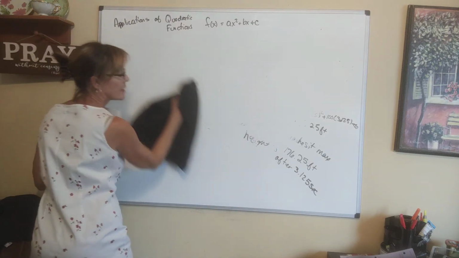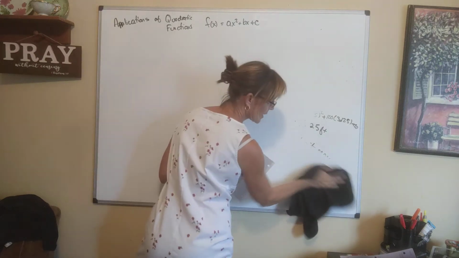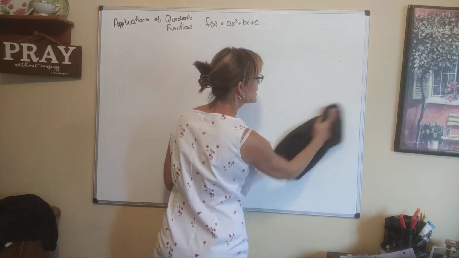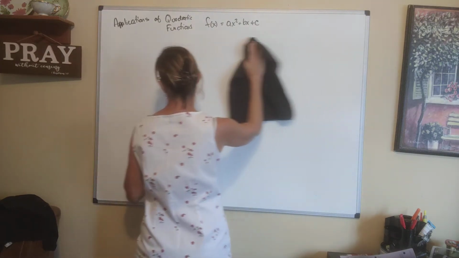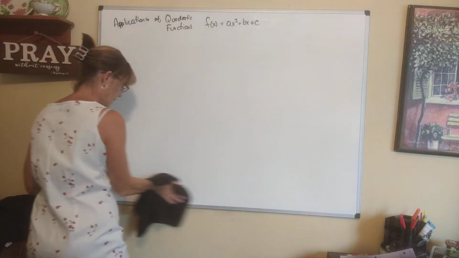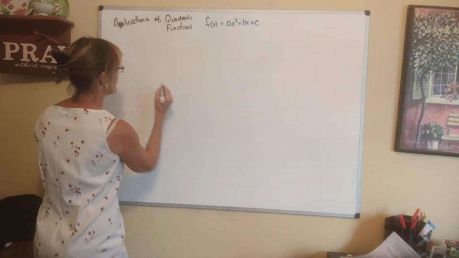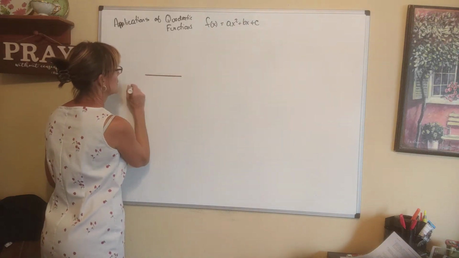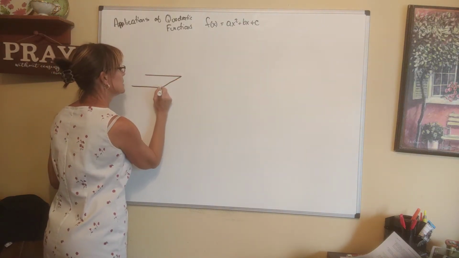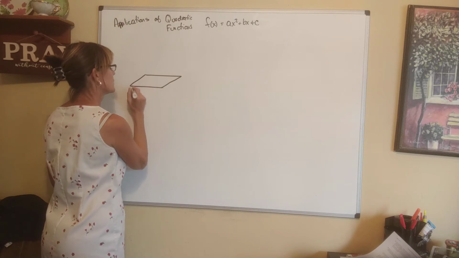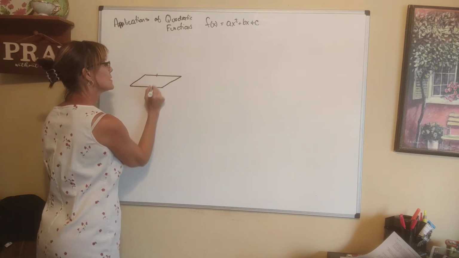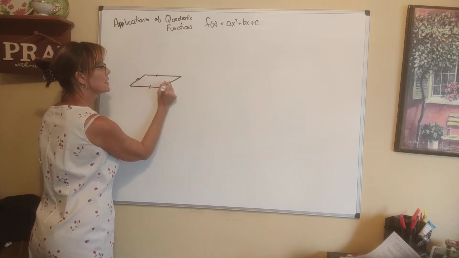A parallelogram, let's think about that. That is a 4-sided figure, and the sides that are opposite from each other are equal in length, and they're also parallel. So here is a generic parallelogram. All right, this is a parallelogram. So like these would be the same length, and these would be the same length, okay?